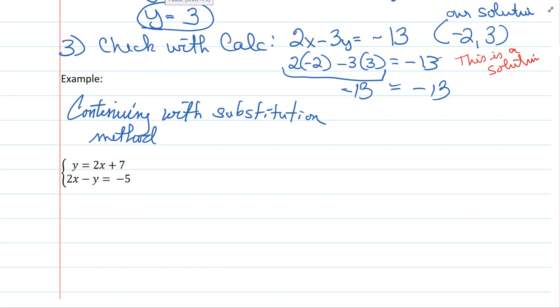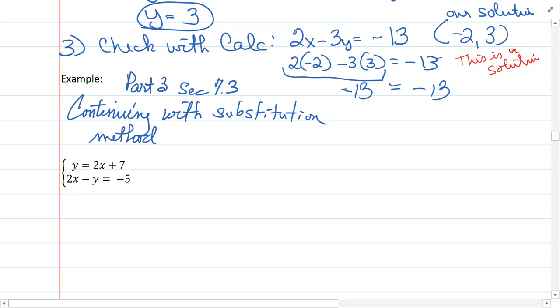Okay, we're continuing on with part 3 of section 7.3. And we had done only one example regarding the use of substitution, where we use one variable described in terms of another and use it in the remaining linear equation.